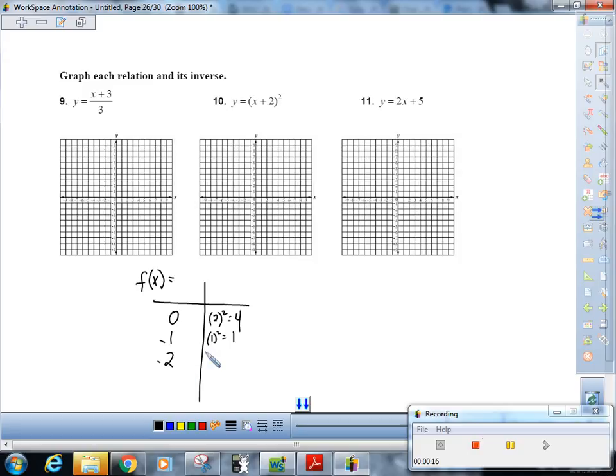You get 0 squared, and you get 0, okay? How about a negative 3? Let's keep going until it gets ridiculous. Negative 3, you get a negative 1 squared, and you get a 1. Negative 4, you get a negative 2 squared, and you get a 4.